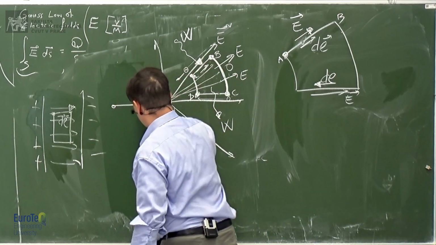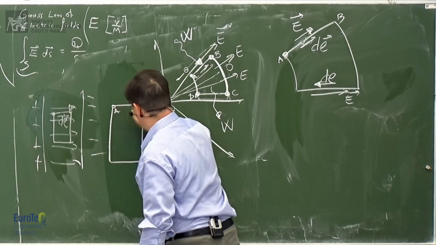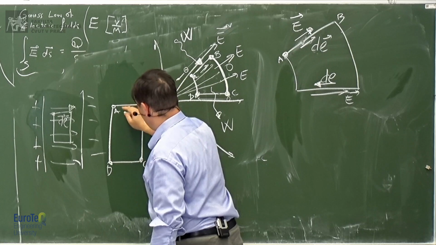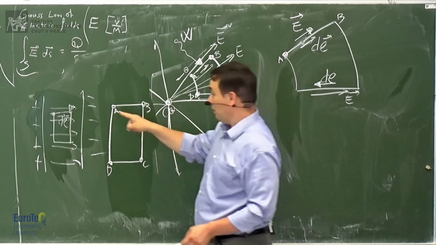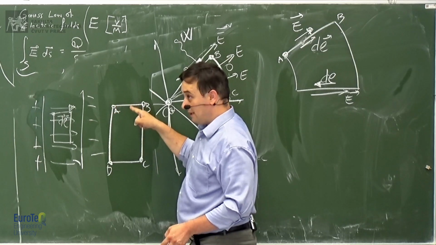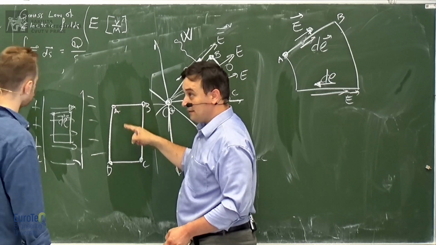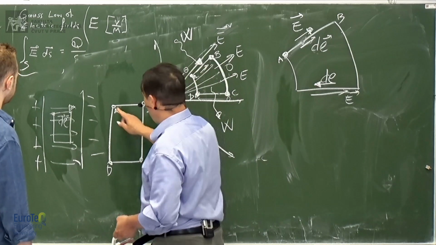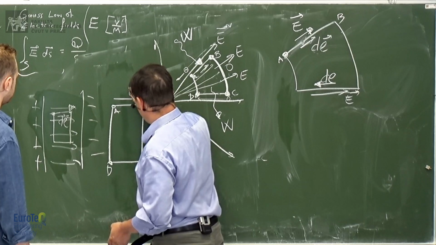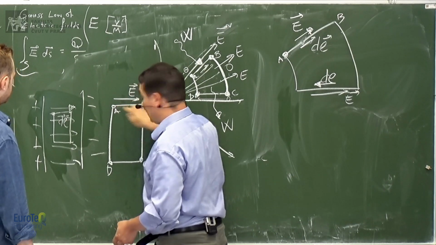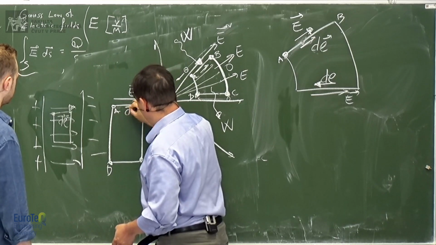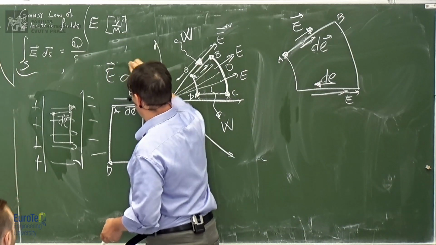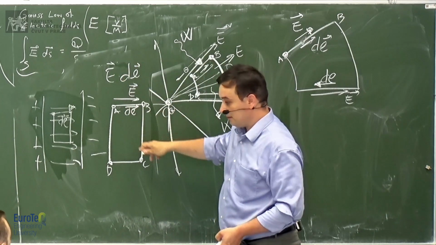Let's say we have this box with points A, B, C, and D. You have to calculate the integral of E dot dl over this path to get the work you have to put in. So E is in this direction, and for this segment dl is in this direction, so E dot dl is positive.